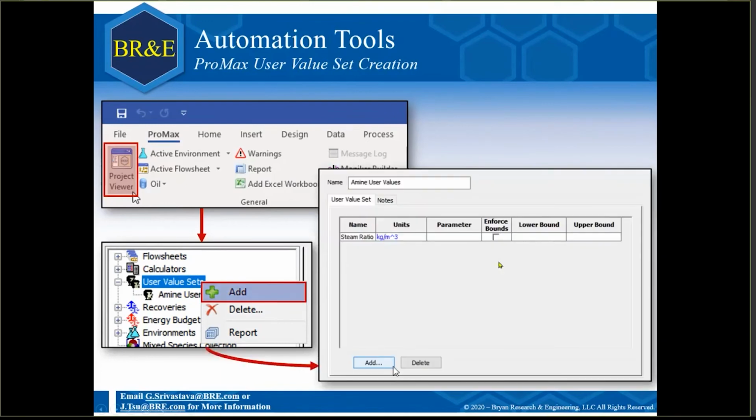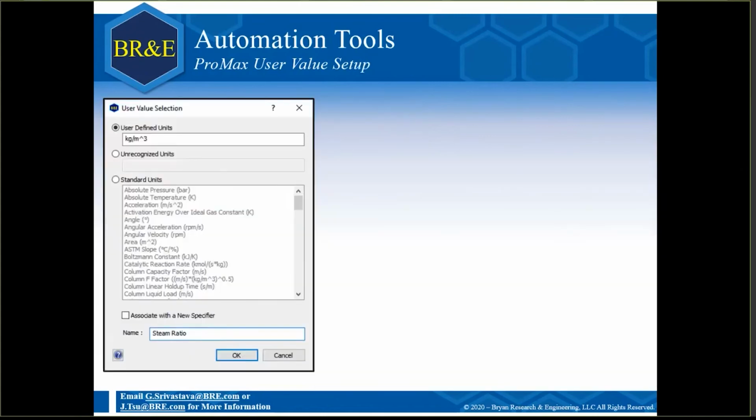And for each set over here, if you want to add a user value, you have to click on add at the bottom left corner here. Clicking that will bring up this dialog box. And the thing that's most important is grouped up at the top. And why is it important? Because when someone says the heat is 1000, does he mean watts, joules per hour, BTUs per second?